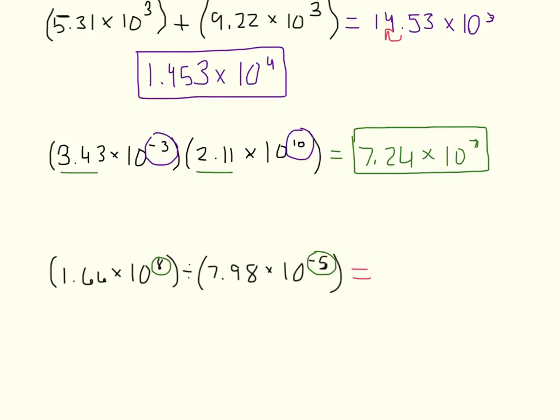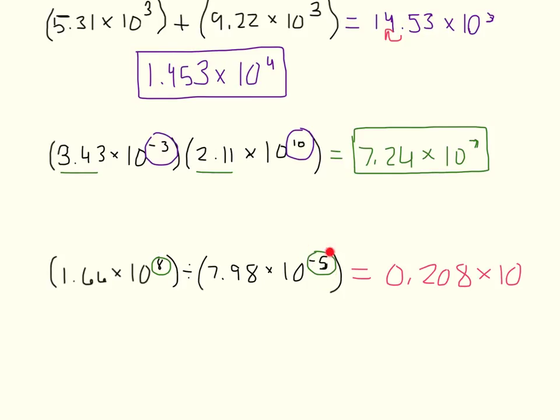So I'm going to divide my decimals, 1.66 divided by 7.98, and that gives me 0.208 if I use the correct amount of significant digits. Times 10, and I said before, whenever we divide, we have to subtract our exponents.